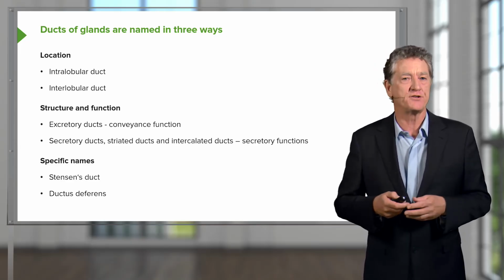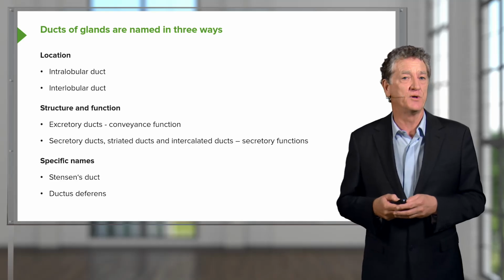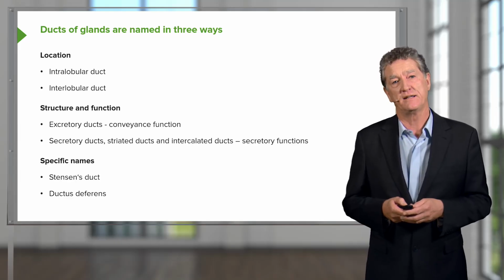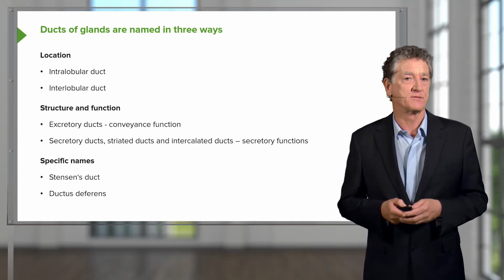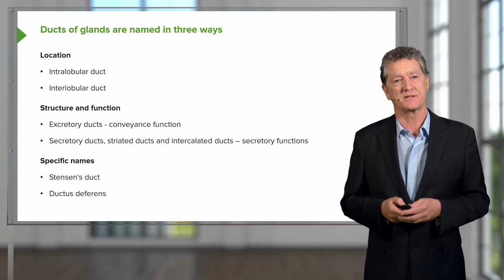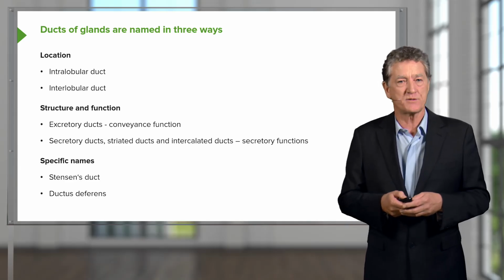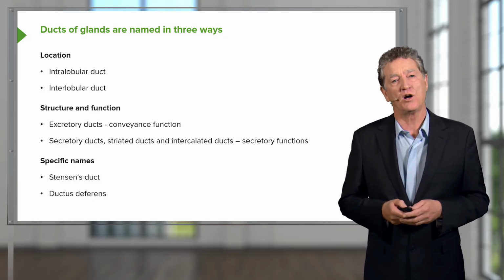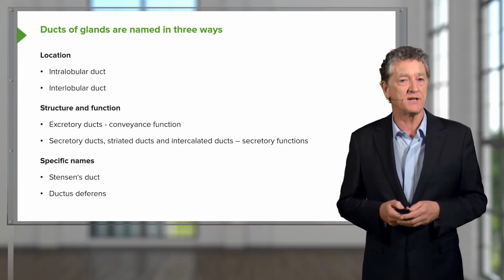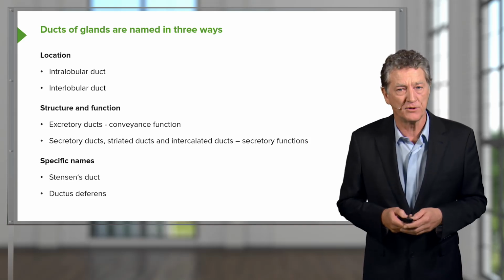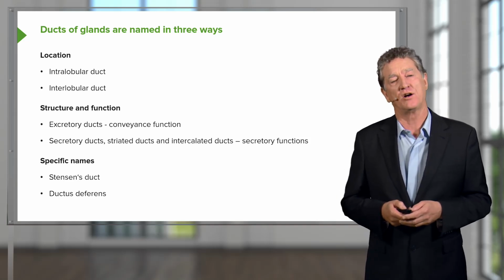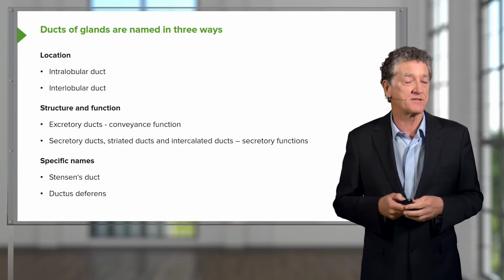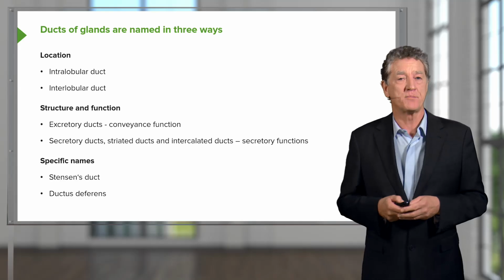Well, histologically, you don't often see sections through ducts that are in between the different lobes, the lobar ducts. You only really see the small ducts. And those small ducts, when they're located between lobules, are called interlobular ducts, and within the lobule, they're called intralobular ducts. You need to be able to identify these different ducts when you see sections through some of the glands.